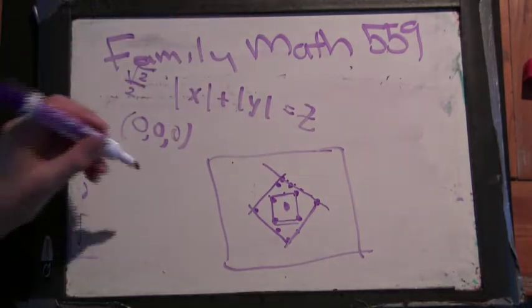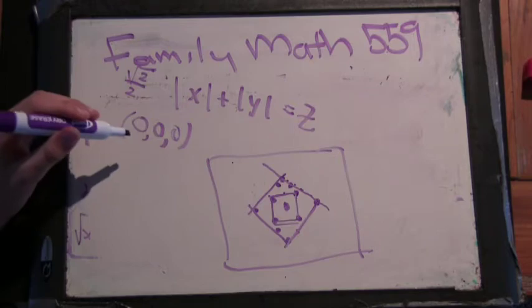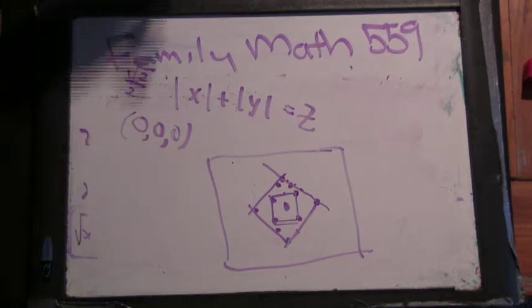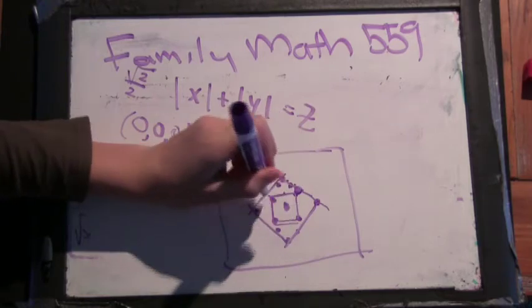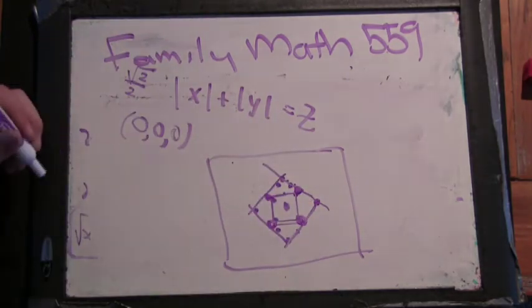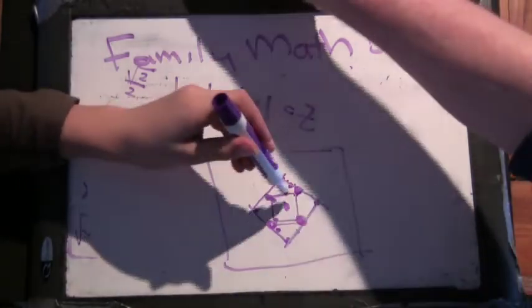Those points are actually on the lines you drew already. So maybe we do have this square here. And then these points would also have to be on those lines.